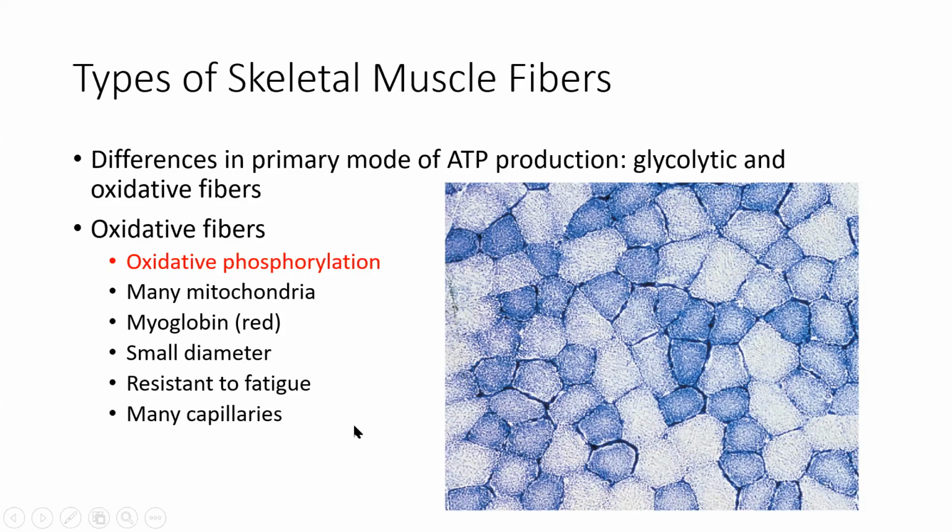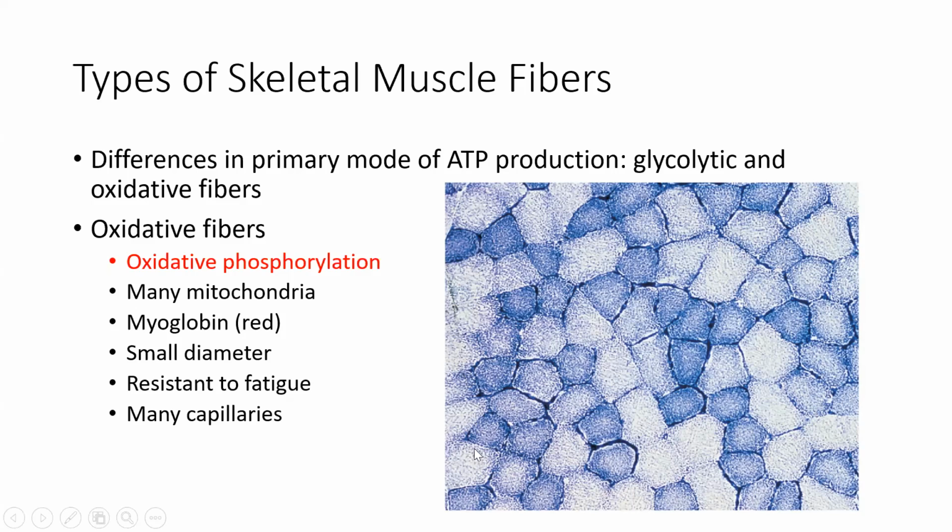Again, they're producing much more ATP, a much more efficient source of ATP using oxidative phosphorylation, and they don't have that lactate buildup, which is contributing to the fatigue that we see with the glycolytic fibers. And then they are associated with many more capillaries, again, because of that reliance upon the oxygen, which is being transported from the capillaries to sustain that oxidative phosphorylation.